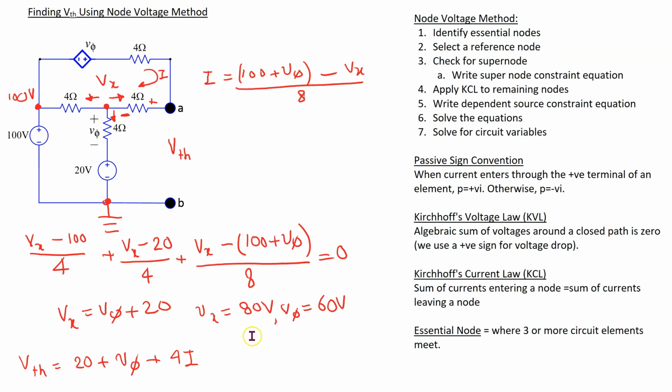And substituting the value of Vx and Vφ here, we can show that this comes out 10 amps. So substituting this value of I here, what we get is 20 + 60 + 4 × 10. This comes out 120 volt. So this means the Thevenin voltage is 120 volts for this circuit of interest.